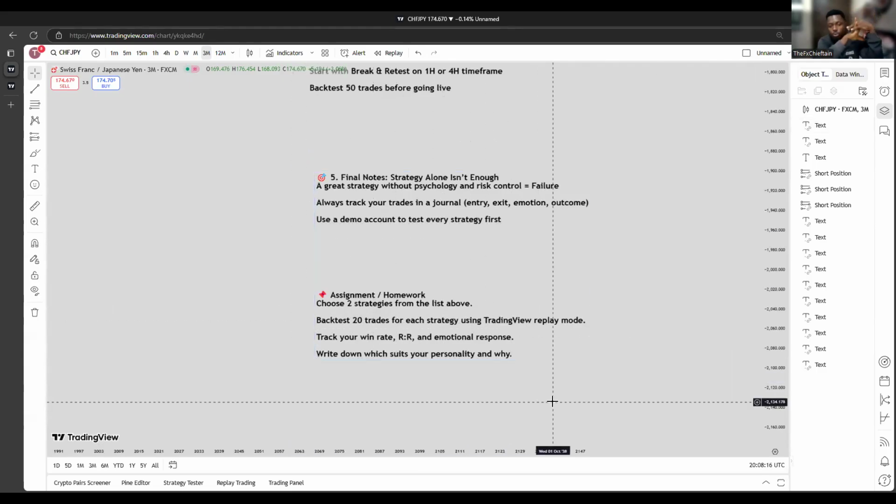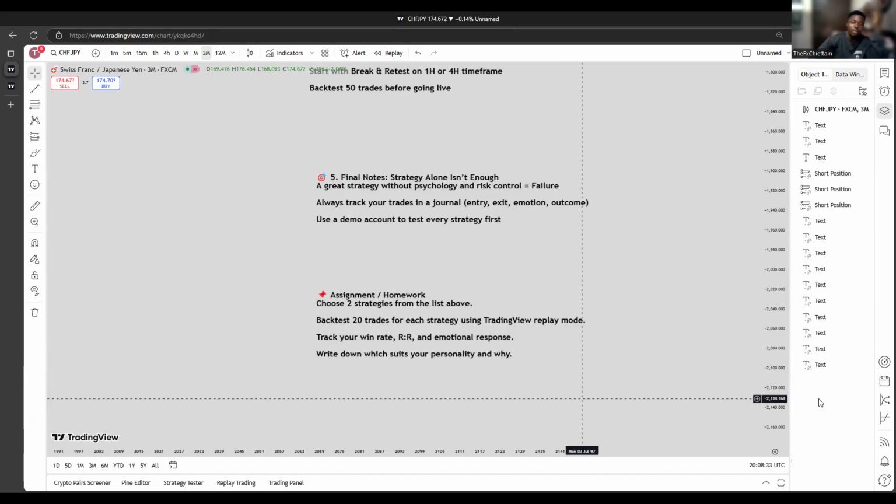Choose two strategies from the list, backtest 20 trades from each using TradingView replay mode, then track your win rate and emotional response. Write down which suits your personality and why. I'll be anticipating all of this later on.